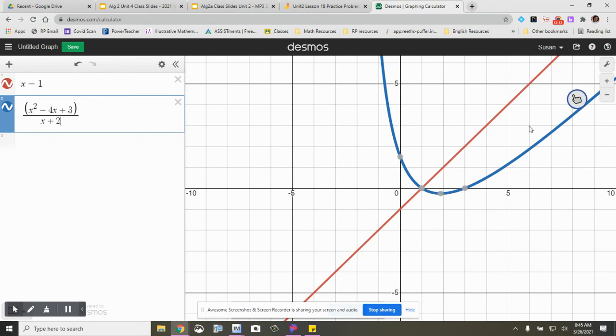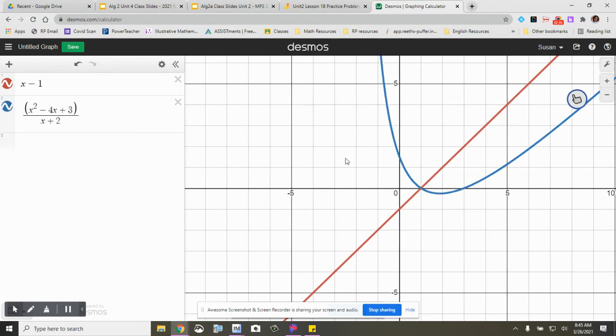So I have my 2 graphs, and it makes sense that one of them has this curve going on because there's an asymptote happening. And I can see where the 2 of them are crossing each other. Look at them crossing right there when x equals 1. So I can see that my Desmos also confirms that.